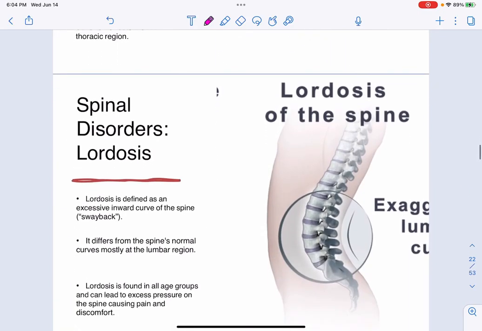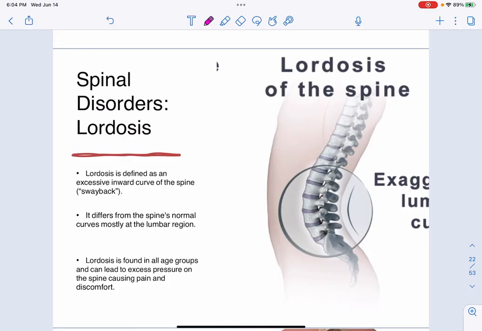There is also something called lordosis. This is when the lumbar curvature is excessive. So that's what this is saying here, but it got cut off. So the lumbar curvature is excessive.